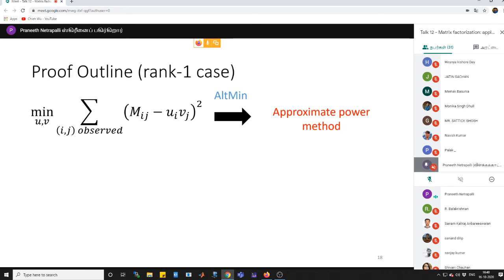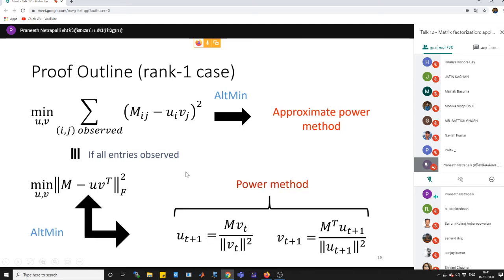And what we are saying here is that alternating minimization is essentially doing an approximate power method. And the argument goes as follows. If all entries are observed, this objective is nothing but the Frobenius norm squared of M minus U V transpose. And if you do alternating minimization on this, the update equations can be written explicitly in closed form. So those are these equations.